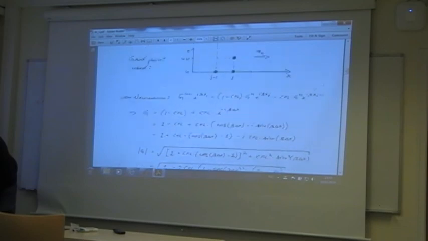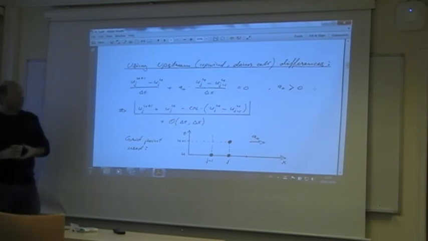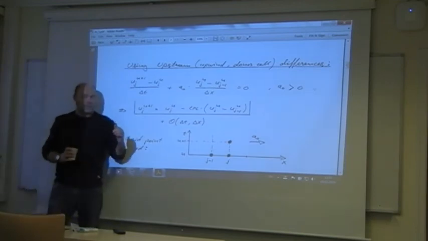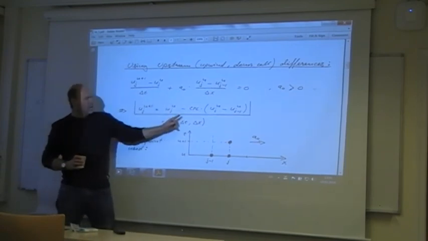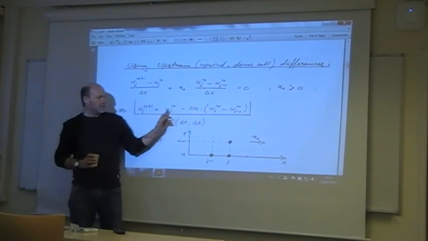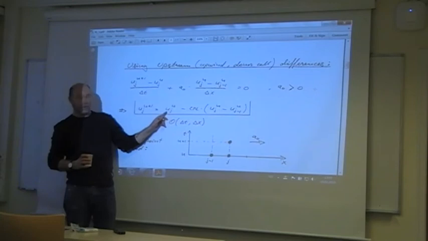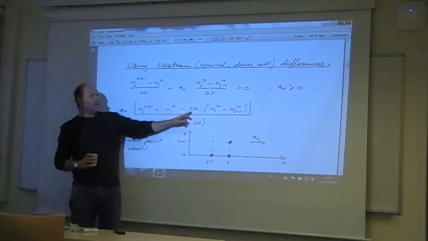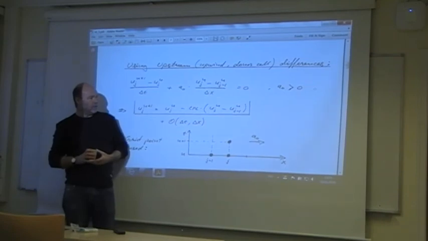So can we now do the max-min method? Should we try it directly without pen and paper? First, what's the sum of the coefficients? Here is 1. For this one, what's now? These two are the same. So what's the coefficient in front of uj? Well, that will be 1 minus CFL. So that's one coefficient, 1 minus CFL.